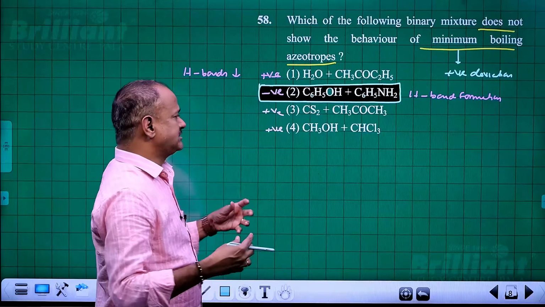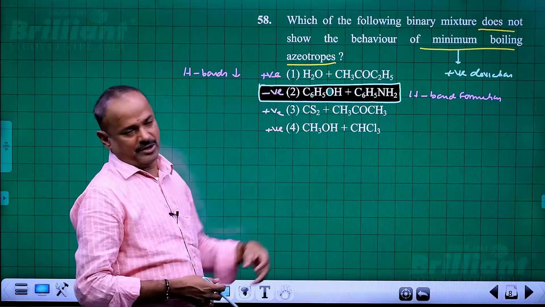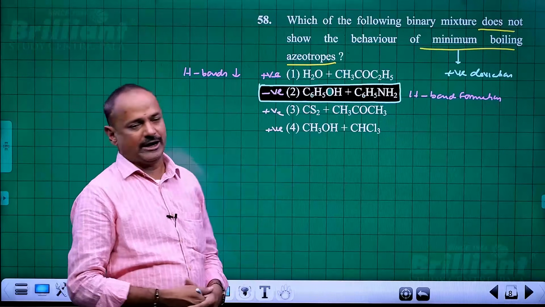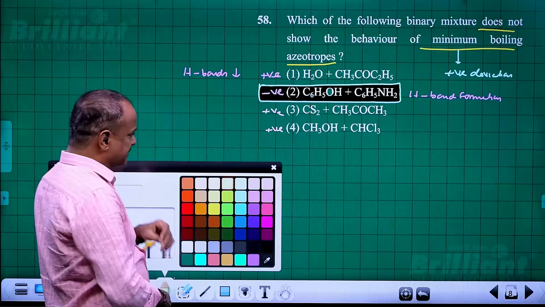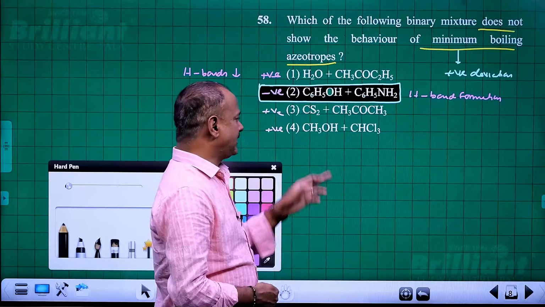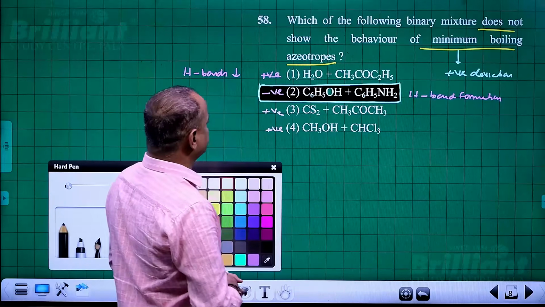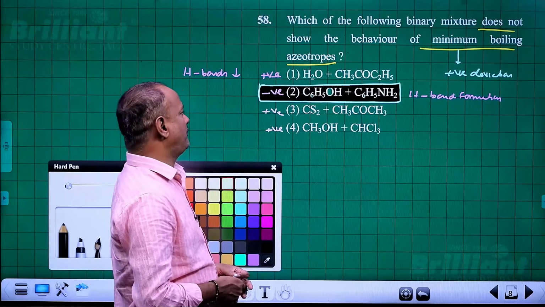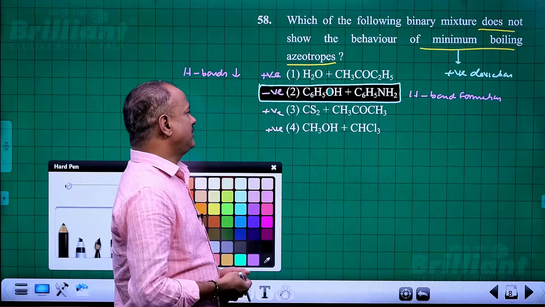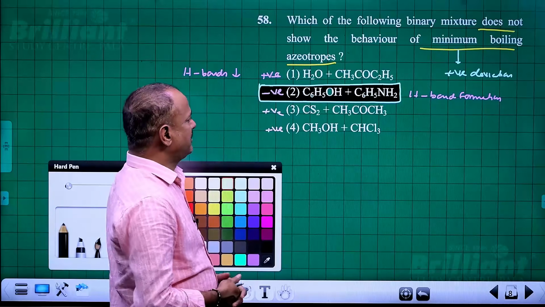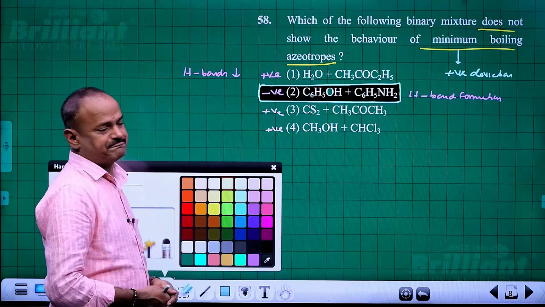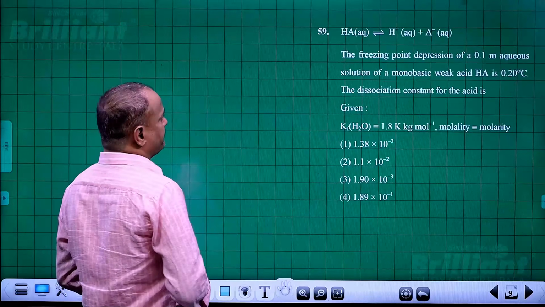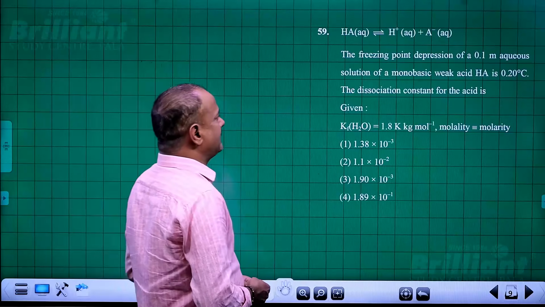Third one, net force of attraction decreases because of polar and non-polar: polar has strong dipole-dipole attraction, but non-polar reduces it. The same hydrogen bond breaking occurs with chloroform. That's why bond dissociation or force of attraction dissociation is called positive deviation, and the formation of hydrogen bonding is negative deviation. That is phenol and aniline forming hydrogen bonds. That's why 2.